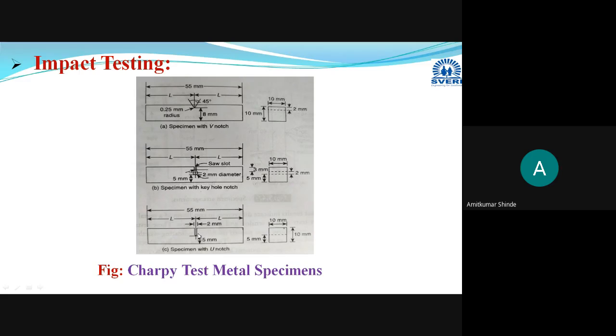With the help of this notch we are creating the triaxial state of stress. Due to this notch preparation at this particular point, only normal stresses will act on the material. There will not be any shear stress. All shear stress values will be zero at this particular point. So this is the notch preparation.